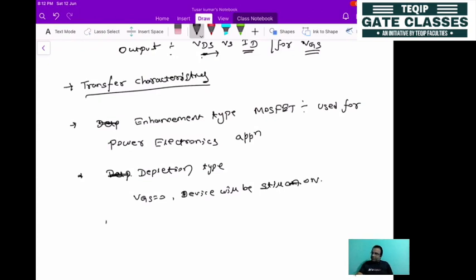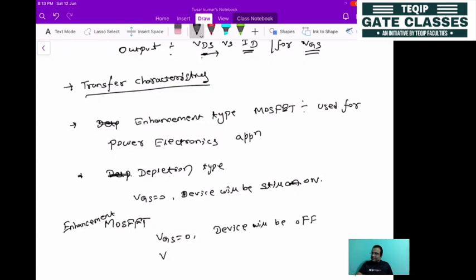But in case of enhancement type MOSFET, if VGS equals 0, the device will be off.